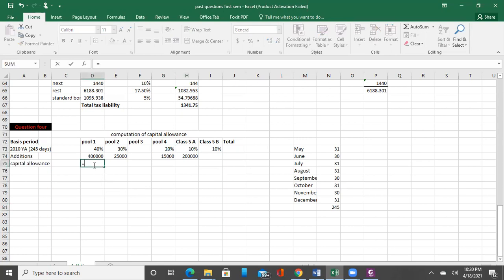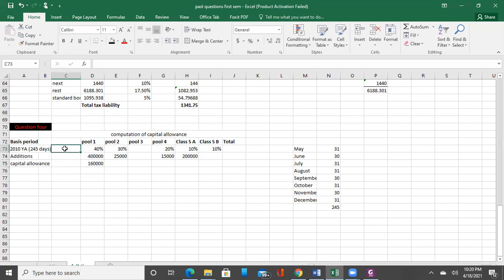So to get this one, I say is equal to this multiplied by that, the 40%, I get this. But take note, you worked for 245 days in a year.